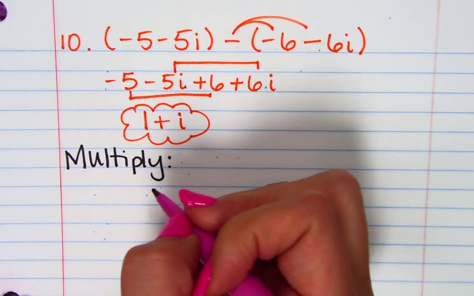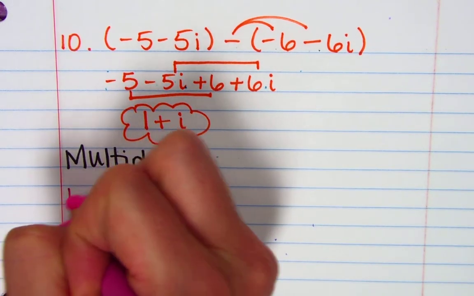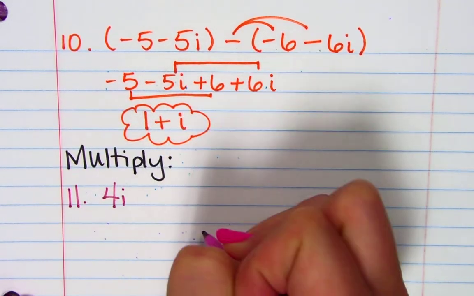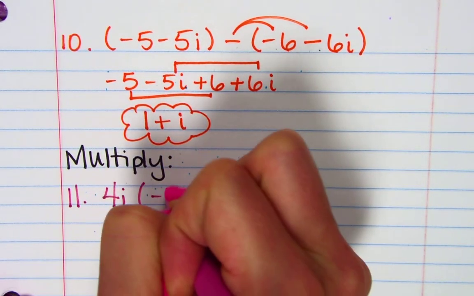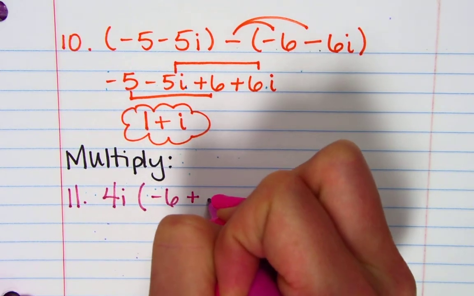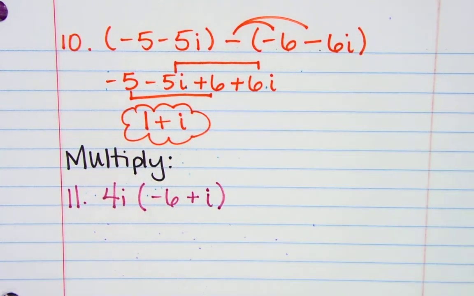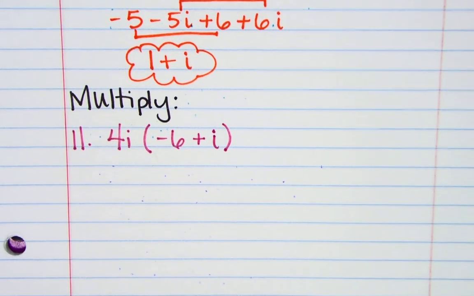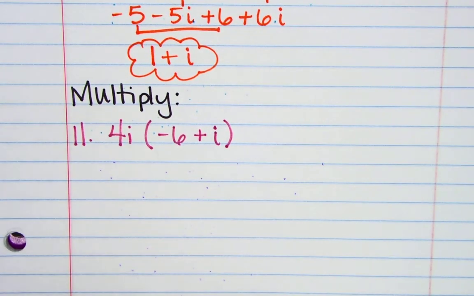First one is going to be 4i times -6 plus i. All right, what do you want to do?